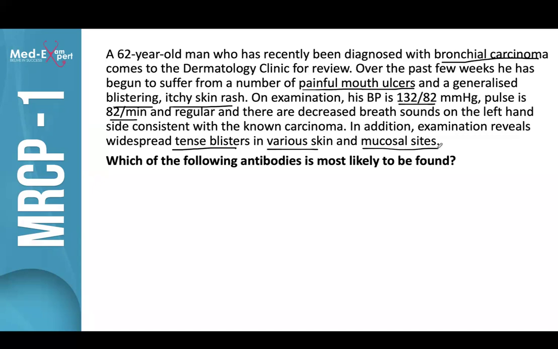What is the diagnosis? First, you should know the diagnosis. If you know the diagnosis, then you will tell the answer. Somebody who is a cancer patient, somebody said bullous pemphigoid. It's a pemphigus, not a pemphigoid, okay? Because of the mucosal sites and mouth ulcers, bullous pemphigoid will not involve the mouth.